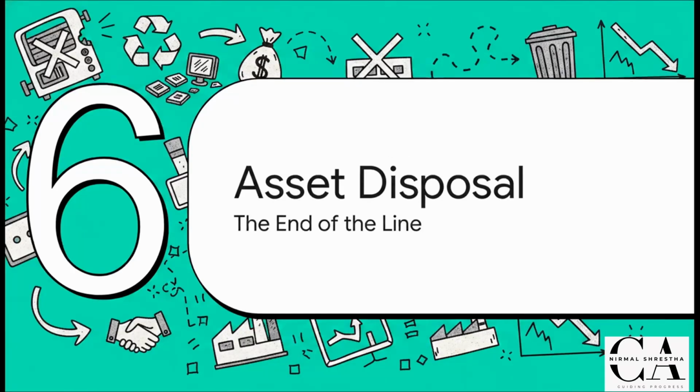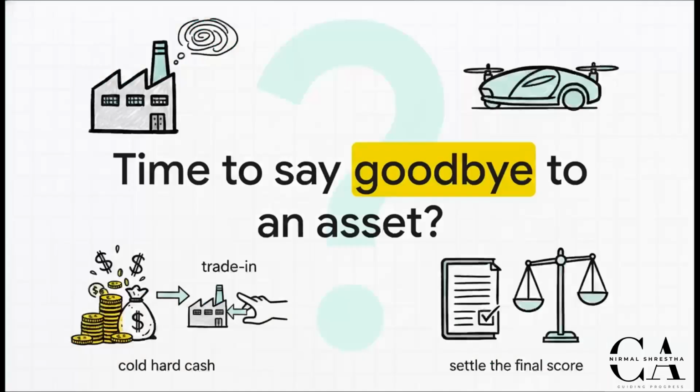And finally, we've reached Section 6, Asset Disposal and Exchanges, the end of the line. An asset has served us well, but maybe it's completely obsolete now. Or maybe we just want to upgrade to a newer model. Whether we sell it for cold hard cash or trade it in, we absolutely have to settle the final score on our books.